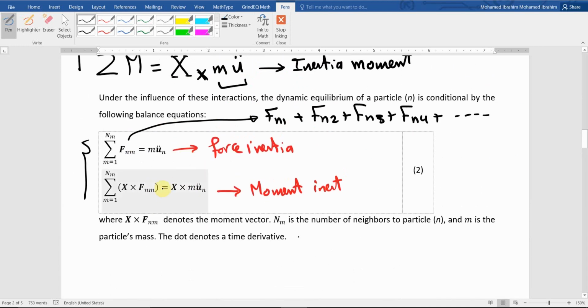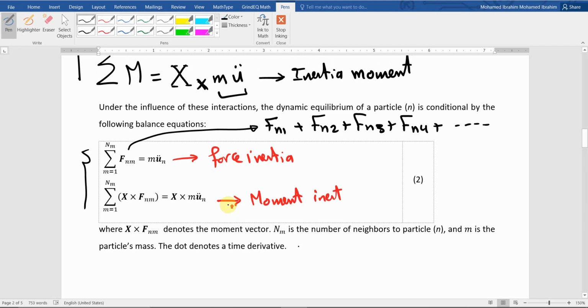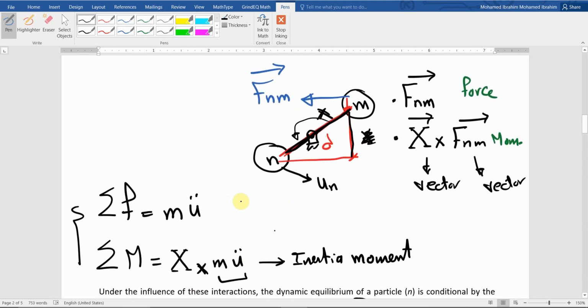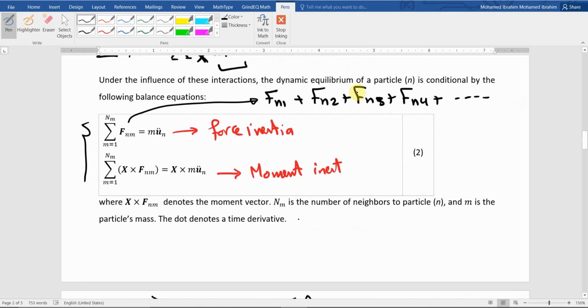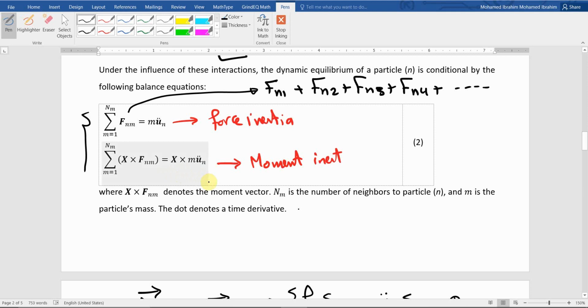These other 3 equations of motion describe not the motion of the particle itself, they describe the rigid rotation of these 2 particles together. So you could say that these other 3 equations are not just related to the particle n, but are related to the particle and the other surrounding particle, because we're already collecting here.